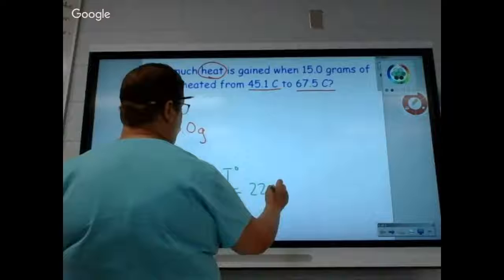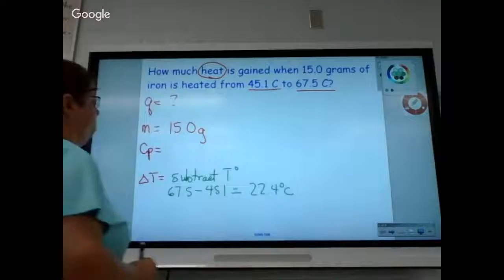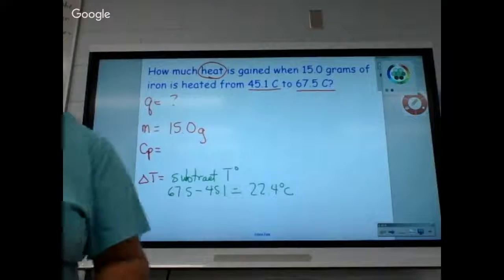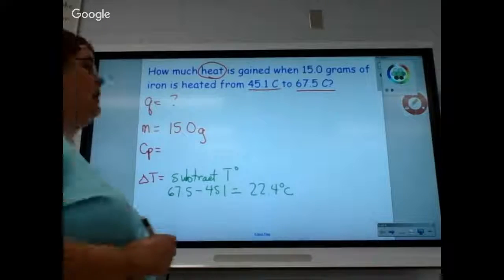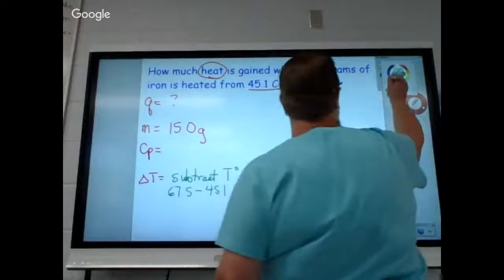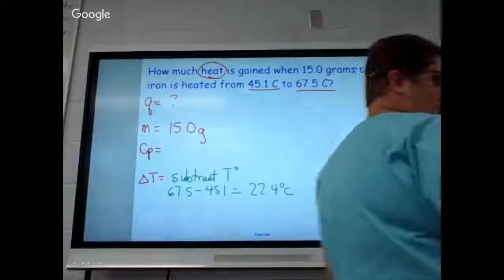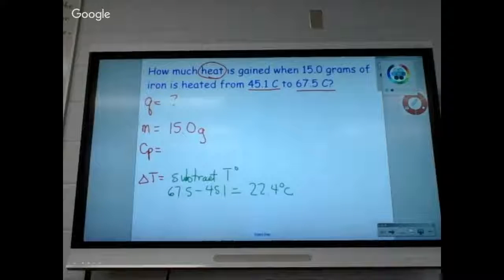So 22.4 degrees Celsius. Now, back to what Tyshawn was saying just a minute ago. Given that they did not give us a specific heat, it's not listed in the question anyway, where do we look up the specific heat? On the blue sheet. So in the question, what element did they give us?